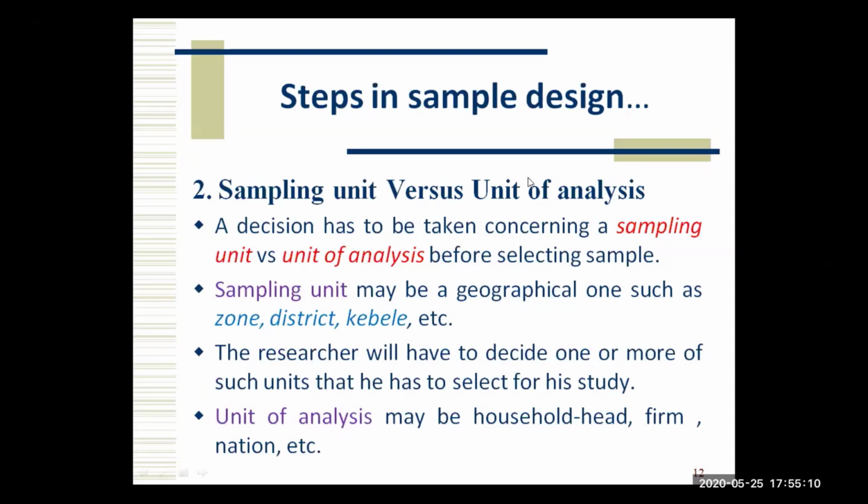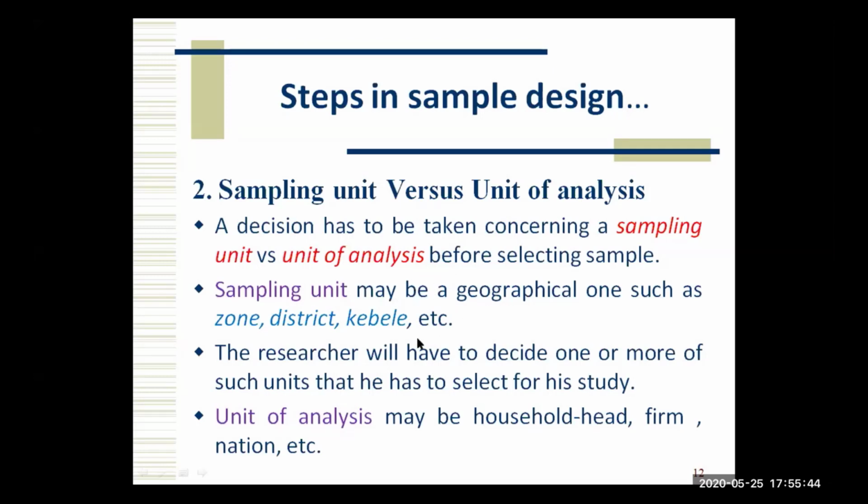And then the sampling unit is exactly the end target unit that the researchers want to select for the study. The unit of analysis versus the sampling unit need to be distinguished. The unit of analysis gives you the opportunity to get the required sampling unit. The sampling unit, for instance, to conduct one study is household.